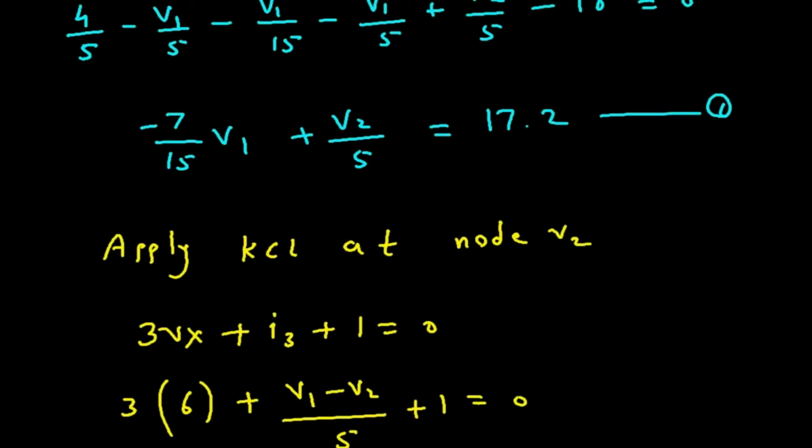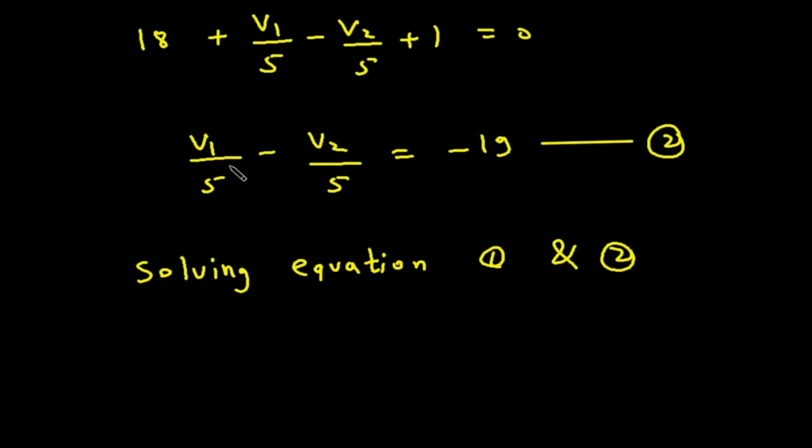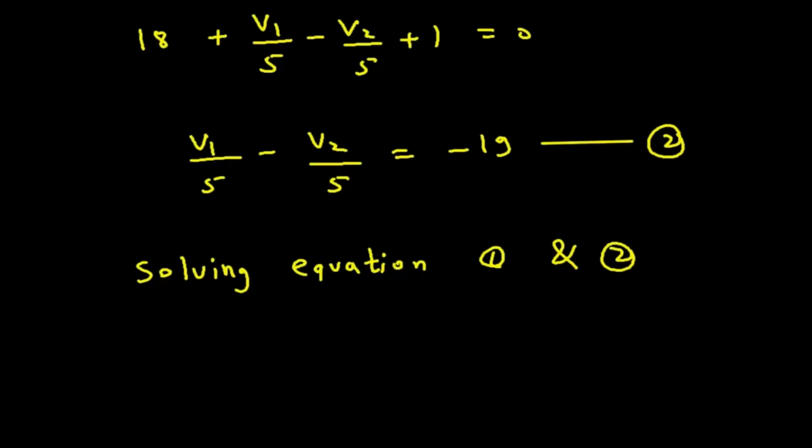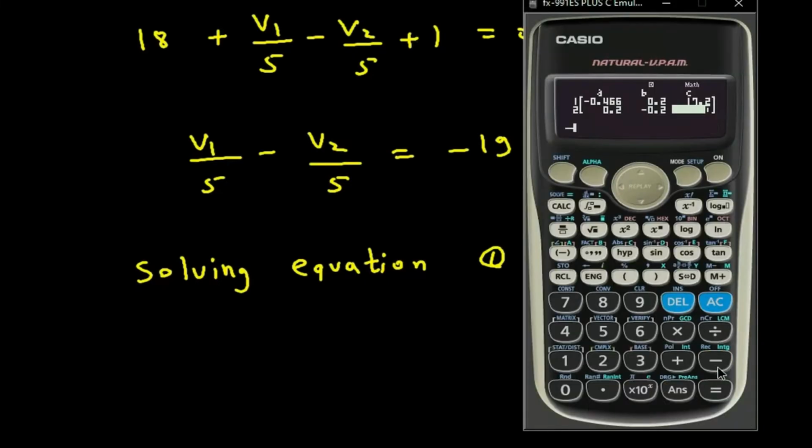Now from equation 2, this will be 1 by 5, minus 1 by 5, is equal to minus 19. So minus 19. This will be V1 is equal to 6.75.